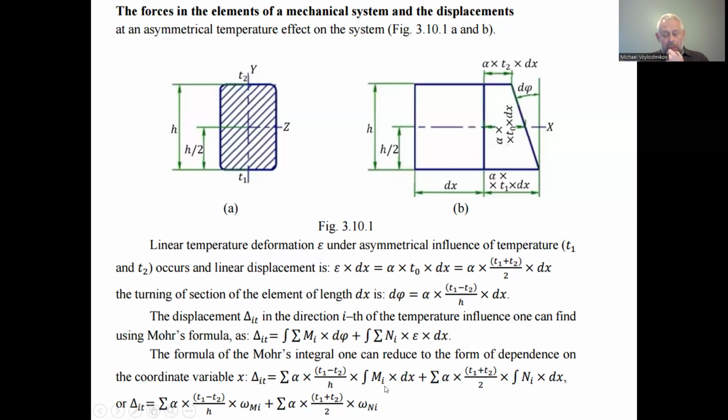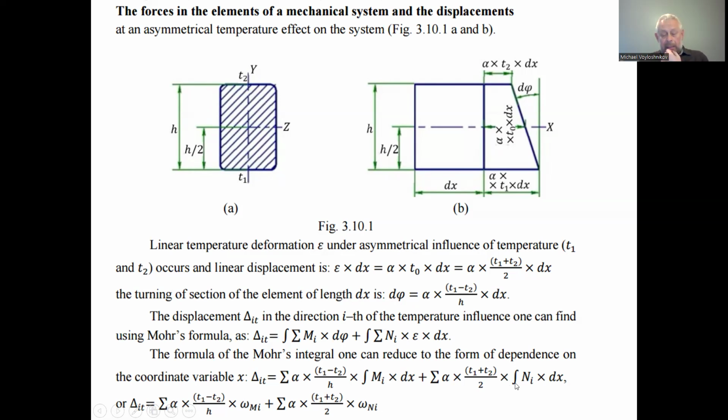And considering that the integral of the bending moment diagram by the increment of the length of the element dx equals the area of the diagram of the bending moment at the action of the unit force in the direction we seek for the displacement determination on the action of the temperature, we can substitute this integral by the area of the diagram of the bending moment under the action of unit forces in the sought direction of displacement.